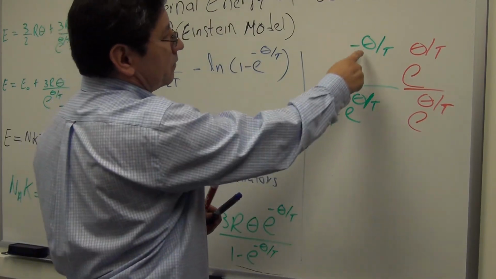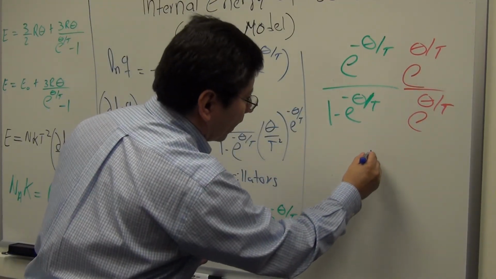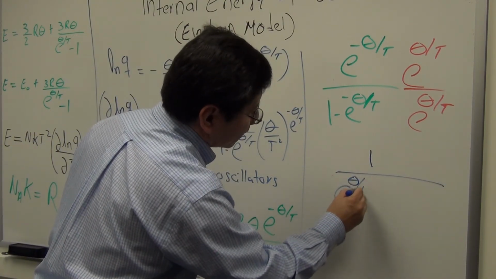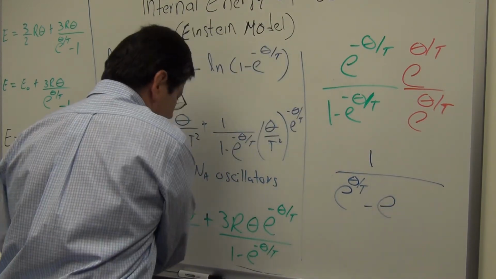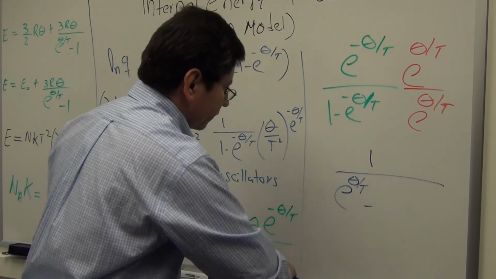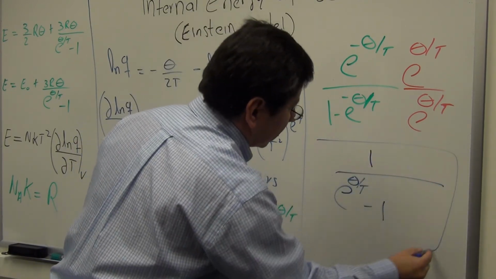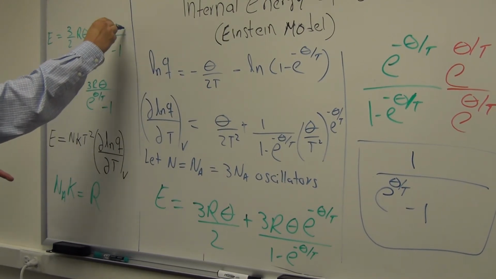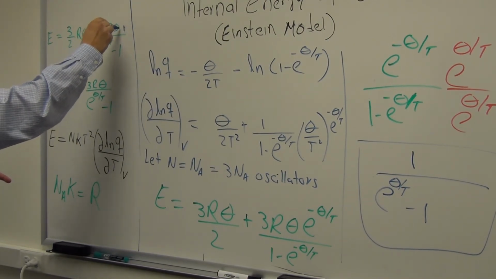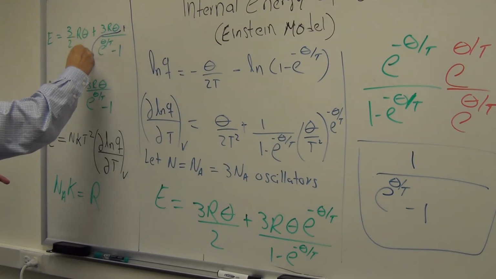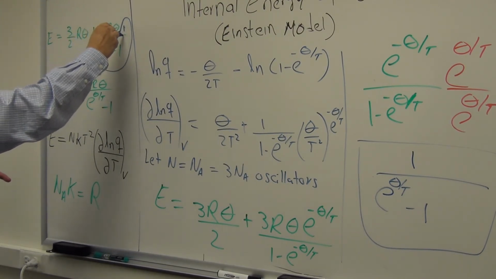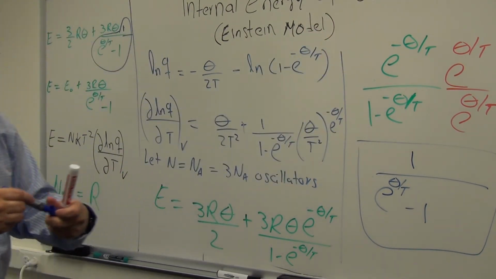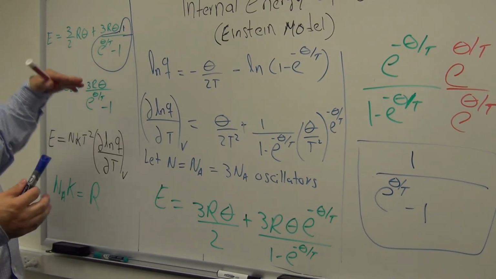Well, the result is that the numerator becomes a 1, and the denominator becomes e to theta over t minus 1. And that, my friends, is this part, which can now be understood because of this particular trick that is used to express the energy in a more convenient way.